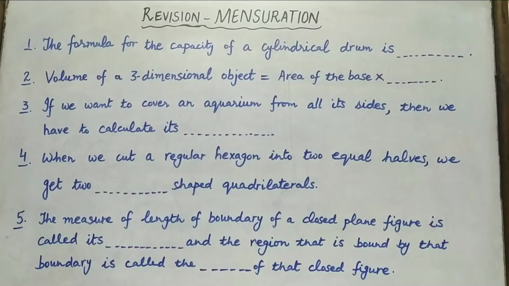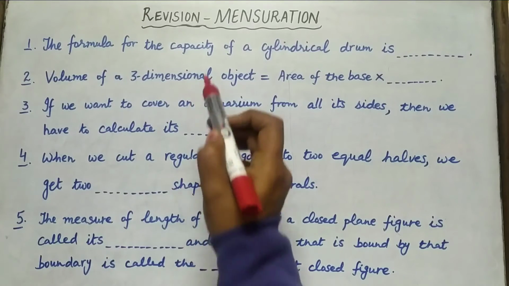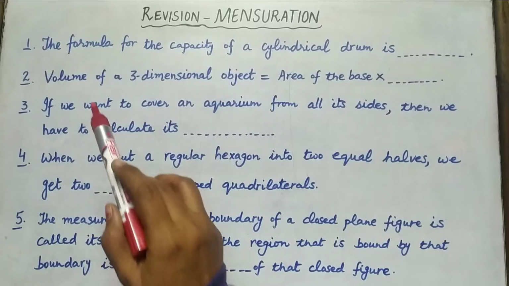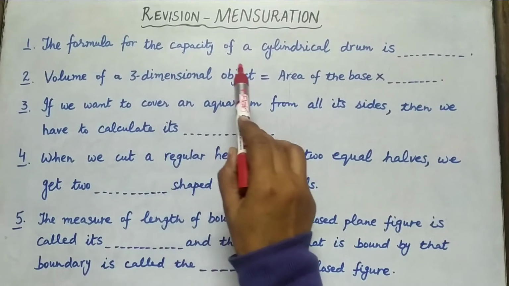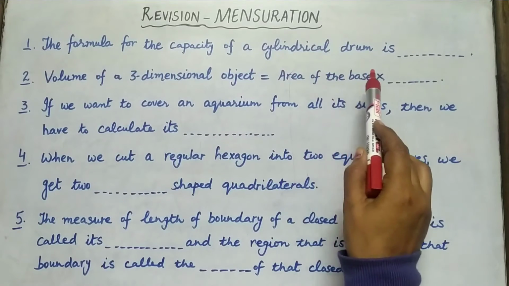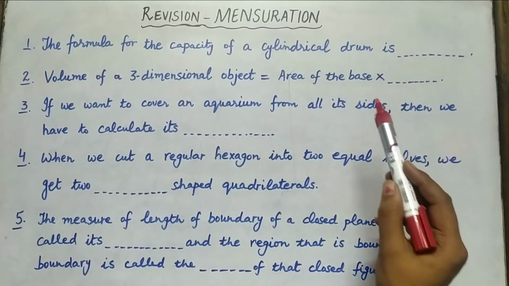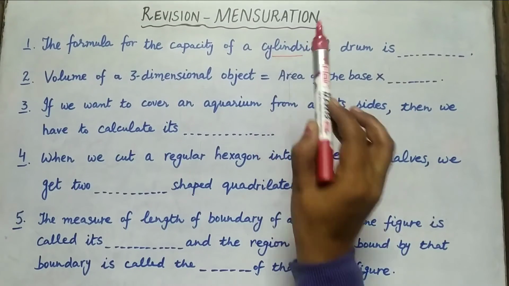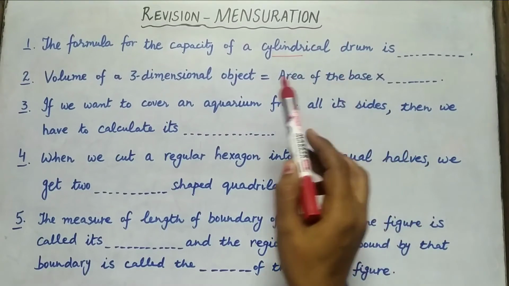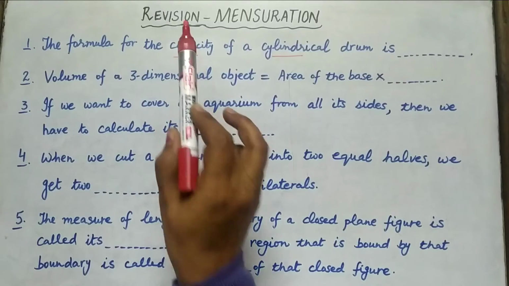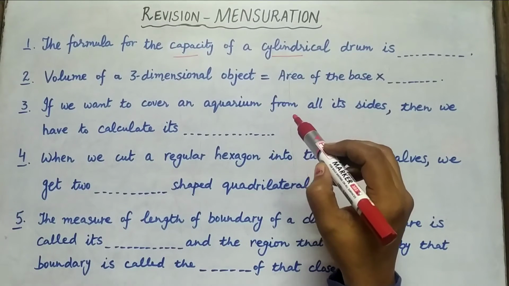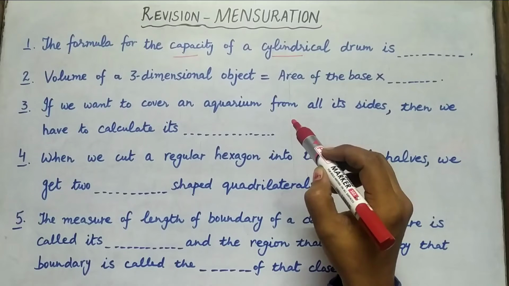So let us begin. The topic is revision of mensuration. First, the formula for the capacity of a cylindrical drum is dash. Here, a drum of cylinder shape is given and we need the formula for capacity. For the capacity, we used to find the volume, right?